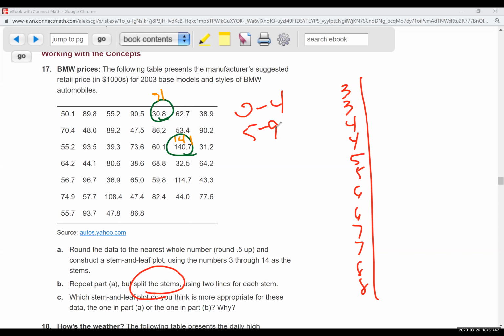Okay. So like this one, this is 50. When you round off, this is 50. So that's going to be on the first 5. This one, when you round off, is 9. This is 90. So let's say we have here 9 and 9.